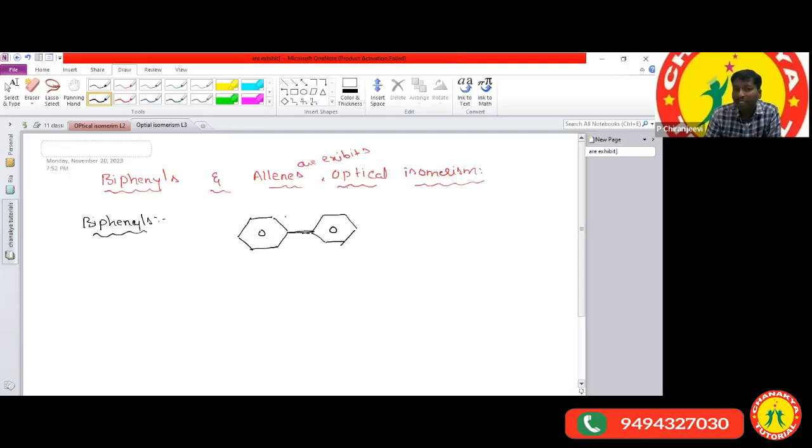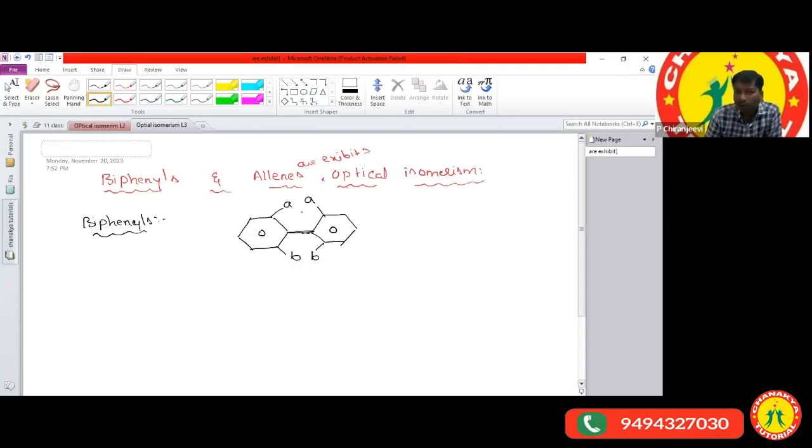At the ortho positions, two different atoms have to be there: here A and here B, and here also A and here also B. Then only it exhibits optical isomerism.